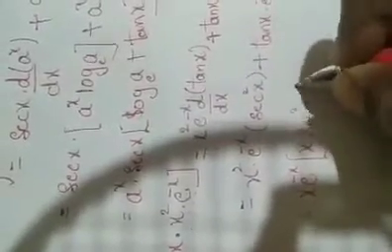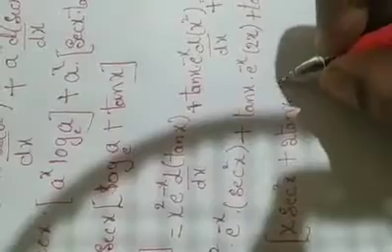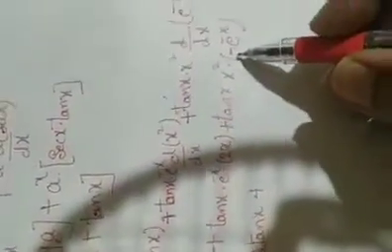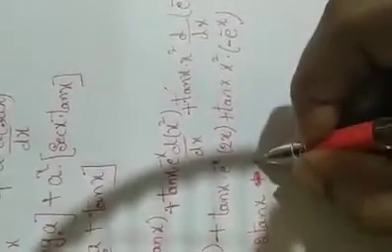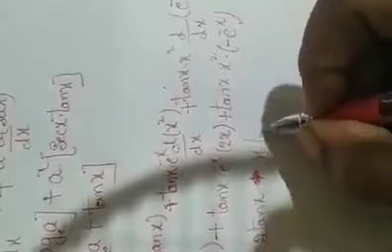Secant square x plus, we have taken x as common and e raised to minus x as common, so the left term is 2 tan x plus, we have taken e raised to minus x and x as common, so the left term will be minus x into tan x.